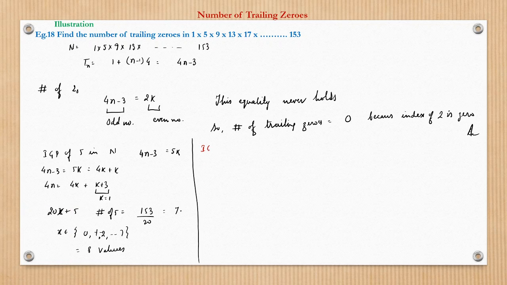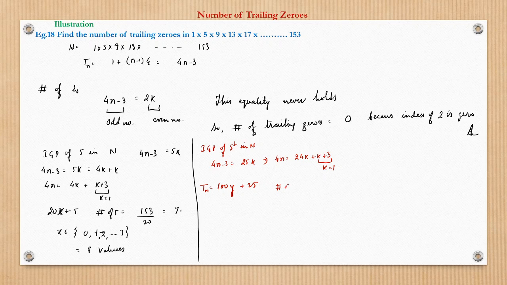Now index of 5 square in n. So here again 4n minus 3 is nothing but 25k. So this we can write as 4n is equal to 24k plus k plus 3. So k is equal to 1 satisfies this. So general term we can write as LCM of 25 and 4 is 100y, and k is equal to 1. When substituted, we get 100y plus 25. So how many values can we get?